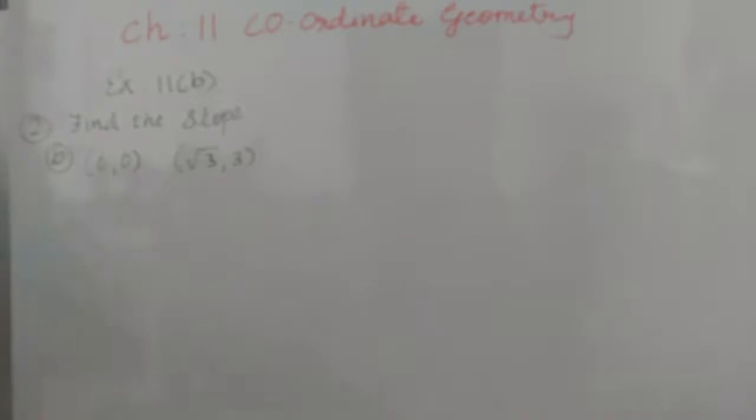So I am taking here question number B. These are the ordered pairs given to us, 2 ordered pairs, x1, y1, x2, y2. So I am using my formula, that is y2 minus y1 upon x2 minus x1. We have just studied that when 2 points are given, you have to use this one.